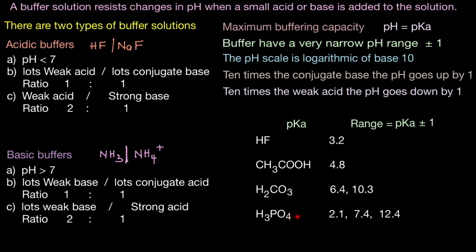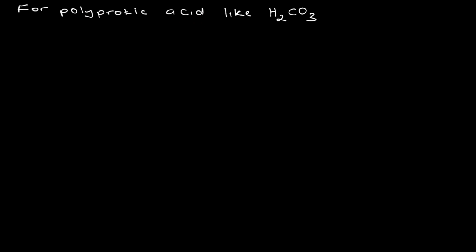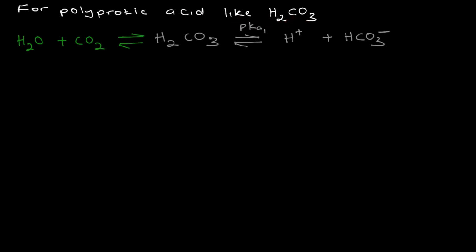A triprotic acid has 3 pKa values because it has 3 hydrogens, so it dissociates 3 times. That dissociates twice, and that dissociates once because it has 1 H. So 1 H, 2 H's, 3 H's.